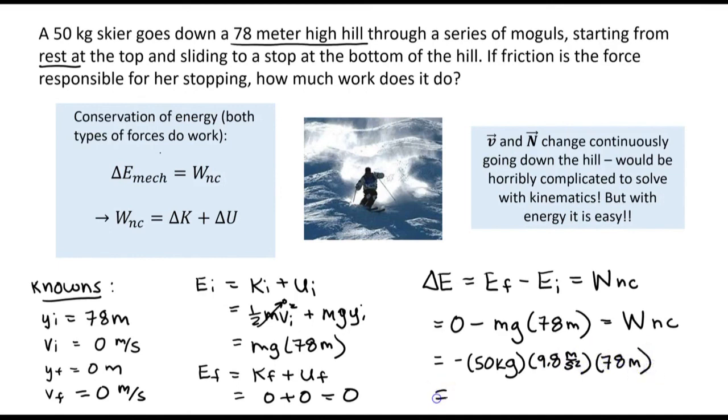Okay, and so when I calculated that out, I got negative 380 kilojoules. So it would be 380,000 joules, and I just converted it into kilojoules here. And that is going to be the work done by friction.